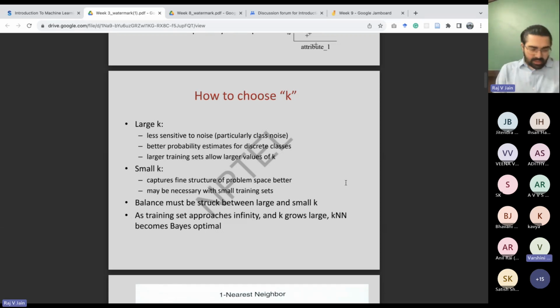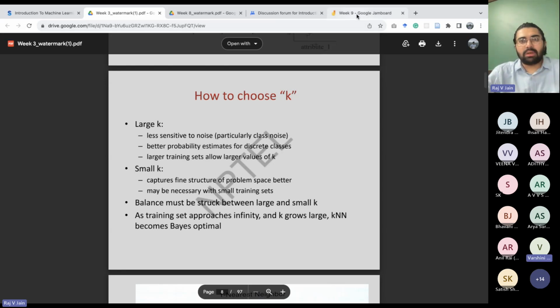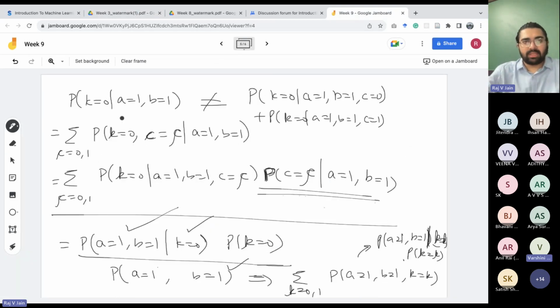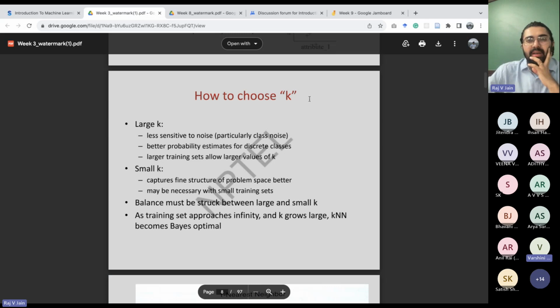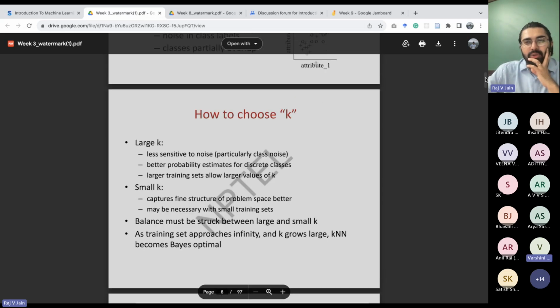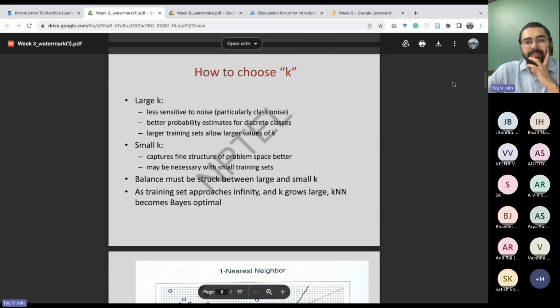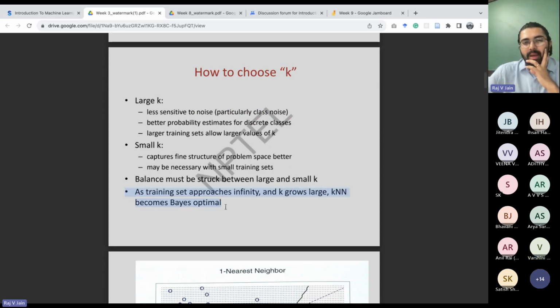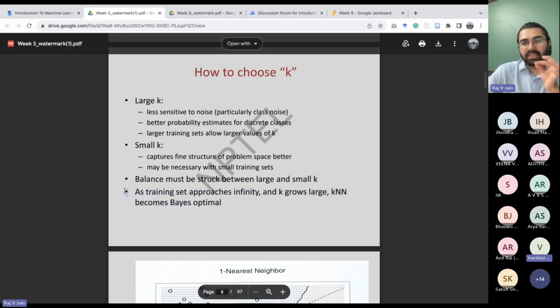So Bayes optimal has to do with exactly this sort of formulation, where you say what is the best probability that you can get, with some errors and everything. Again, these are proofs which I have not done in a long time, so I don't remember clearly. I won't be the right person to answer this right now at least.